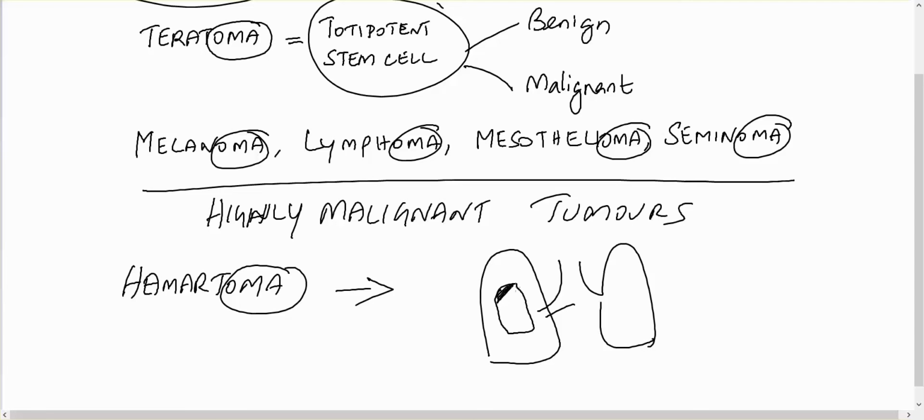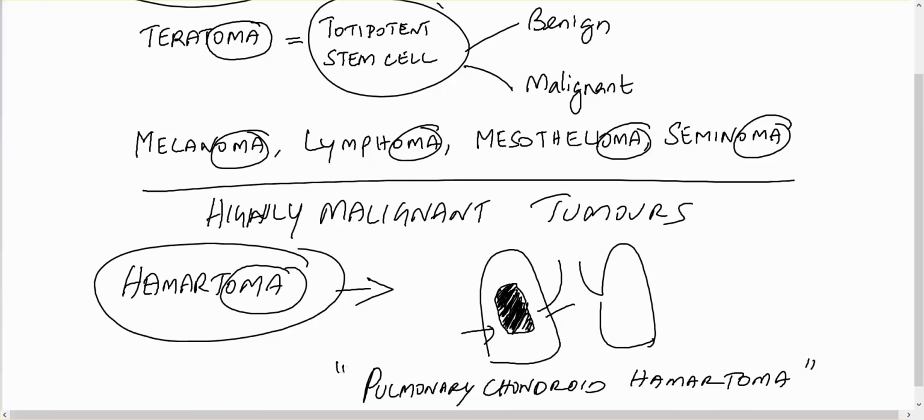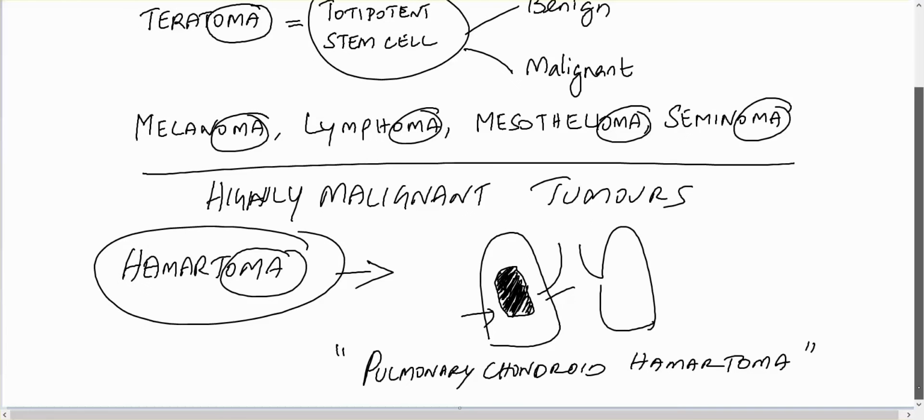Cartilage is normal, and it is placed in the lung, so it is in an abnormal place. So that is called hamartoma. This condition is called pulmonary chondroid hamartoma. So these are some examples of misnomers.